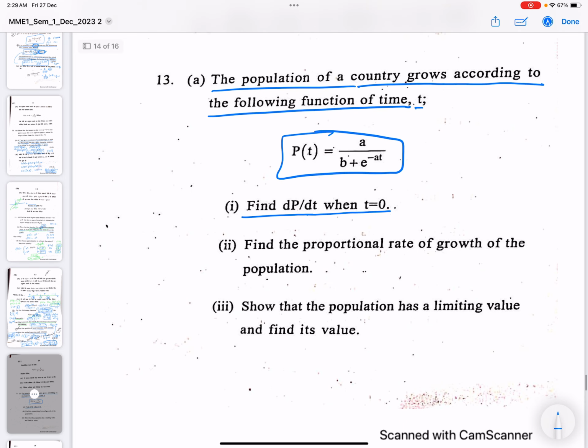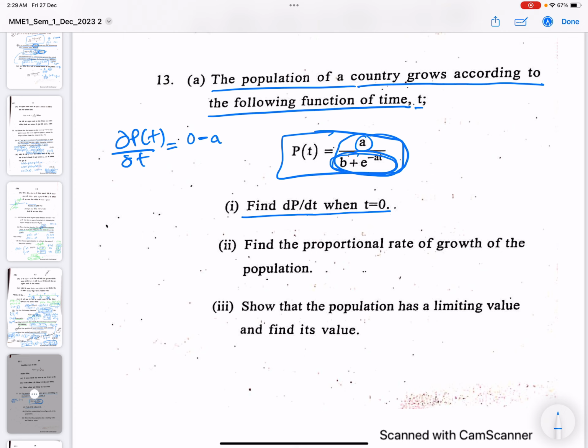dP(t) by dt, you can use the quotient rule again. u dash v, the derivative of a would be 0, and multiplied by this term, this would give you 0 only, minus a times the derivative of this.